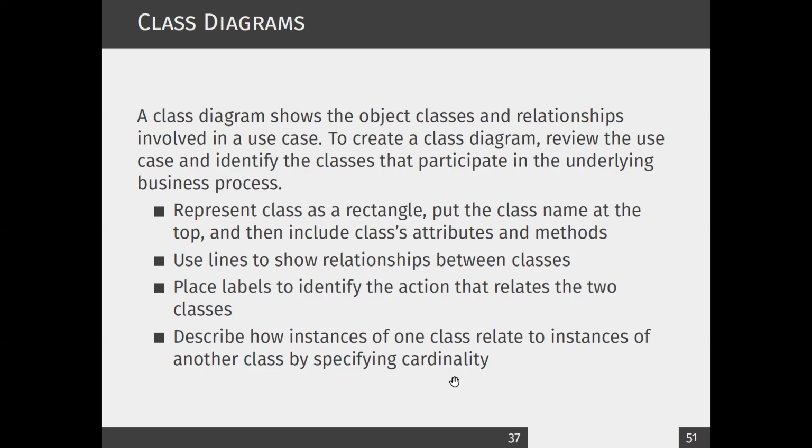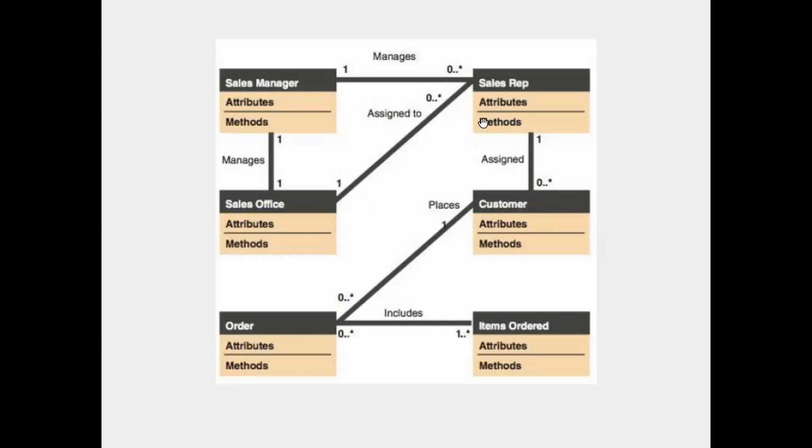Then we can describe how an instance of one class is related to an instance of another class by specifying cardinality. You can talk about min and max. You have already learned this in ER diagrams, though the notation here is slightly different. This is sometimes called min-max notation. Cardinality means, when you take one particular object in a given relationship, how many objects relate to it.